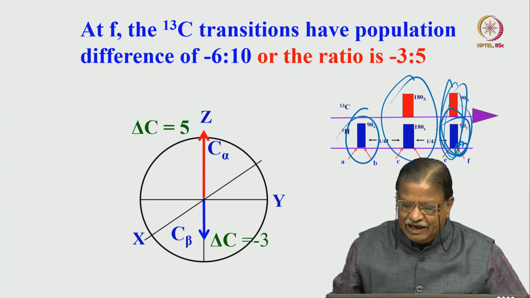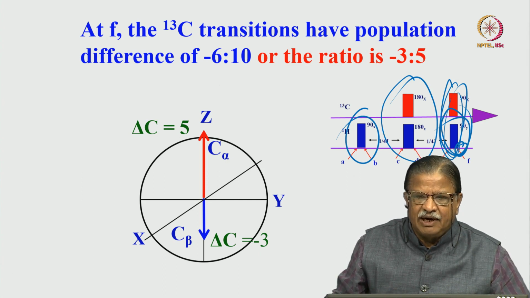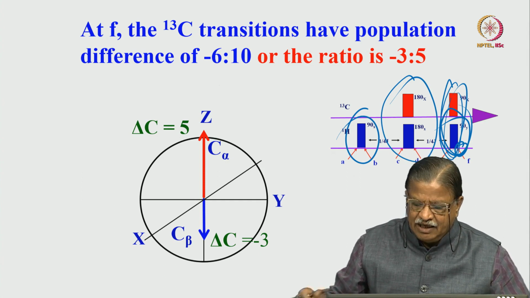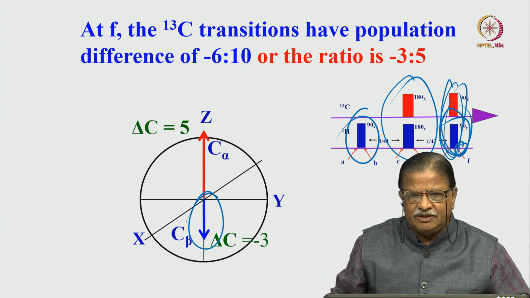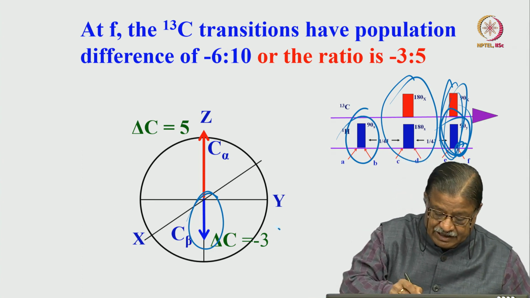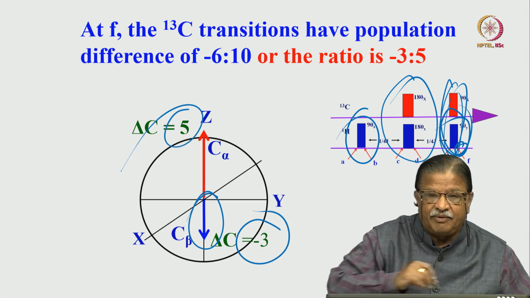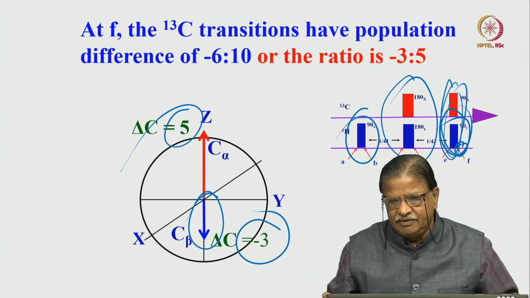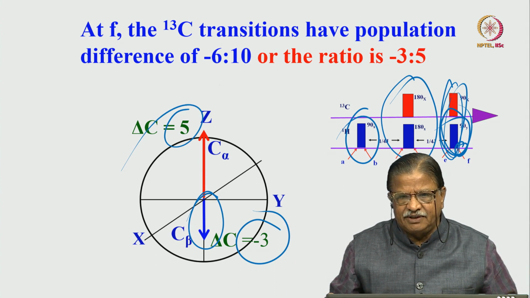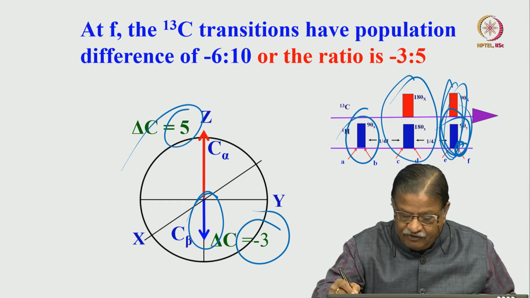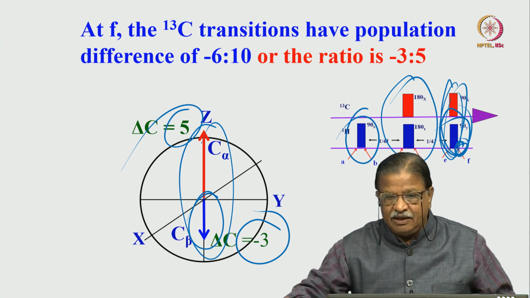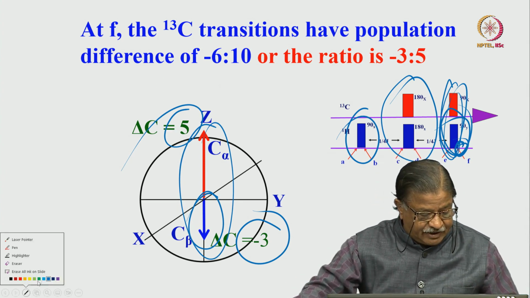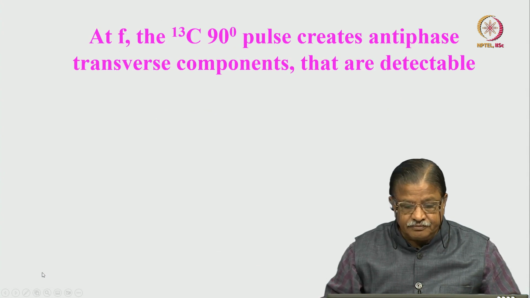And then finally, like we discussed, by transferring the magnetization, there is a magnetization of carbon 13, 2 components, C alpha and C beta, with intensity of minus 3 and plus 5. This is what we saw when there is a transfer of polarization. That finally is going to happen at F. The carbon 13 have antiphase character transferred from proton and in the ratio of minus 3 to plus 5.